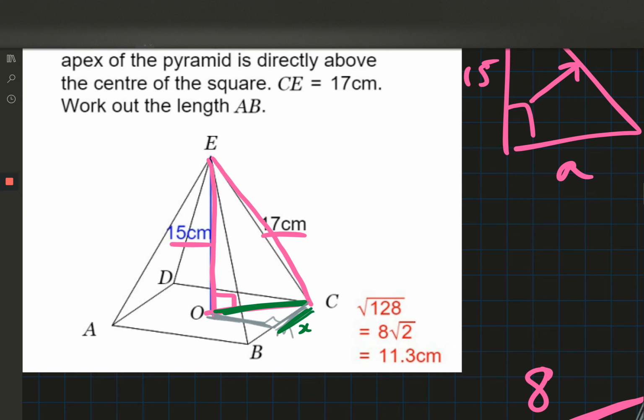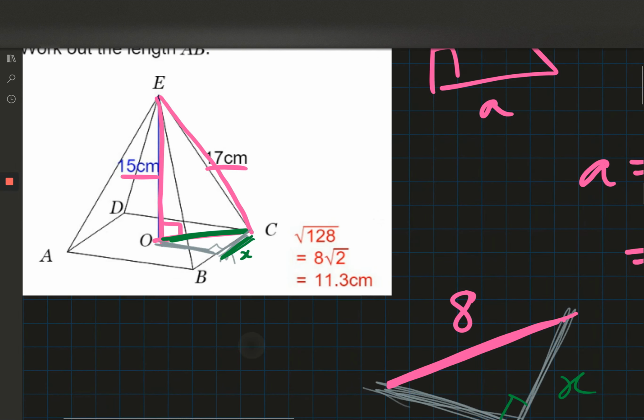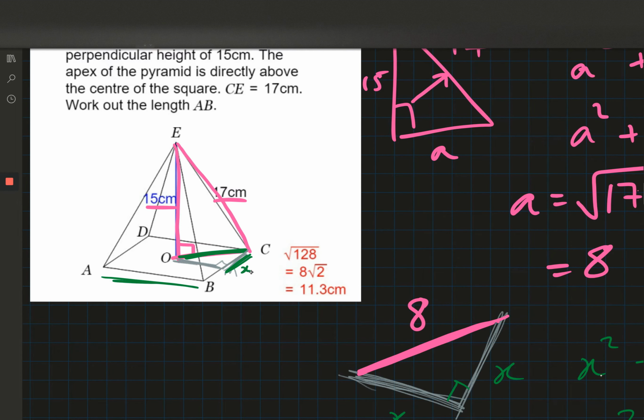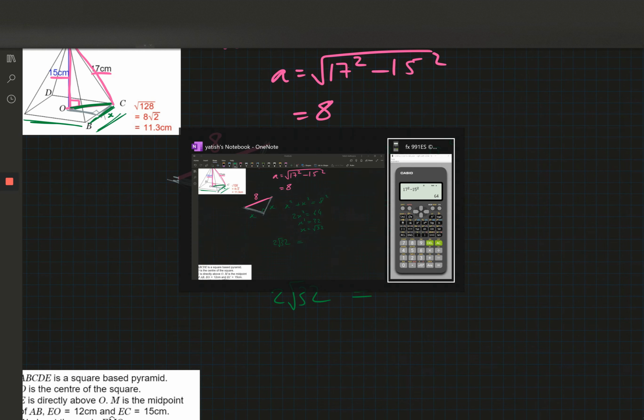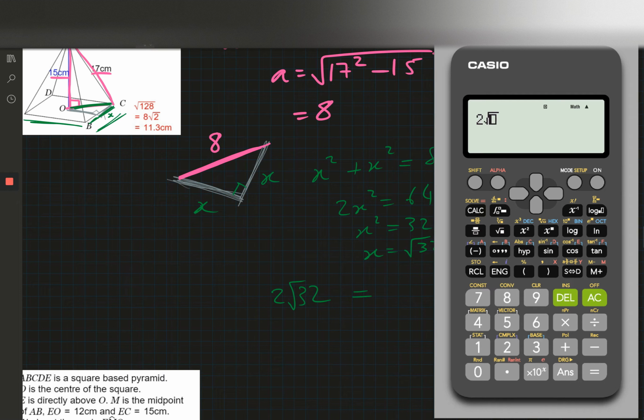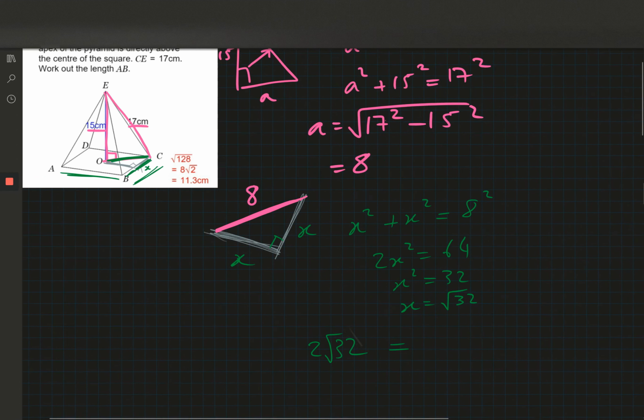So all we have to do to find length AB, well, AB is the same length as BC, so we're just going to double x. So 2 root 32, and that will simplify to 8 root 2, which is 11.3. So that is question 9.